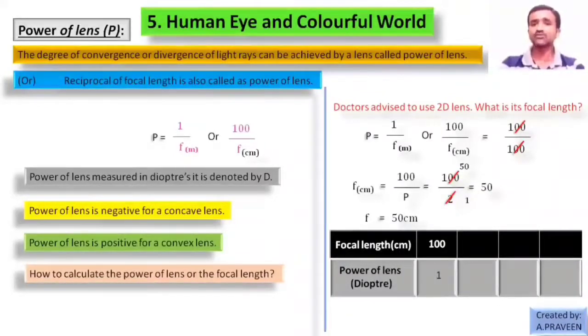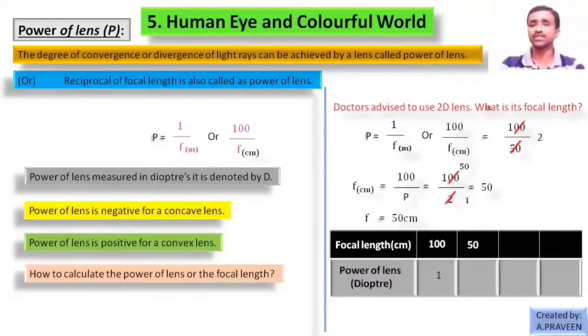Then I'm assuming the focal length as 50 centimeters. What is the power of lens if the focal length is 50 centimeters? Same formula, 100 by F in centimeters. Let us drop the 50 centimeters in the relation. That is equal to 100 by 50. Then cancel it: 50 one time, 50 two times.